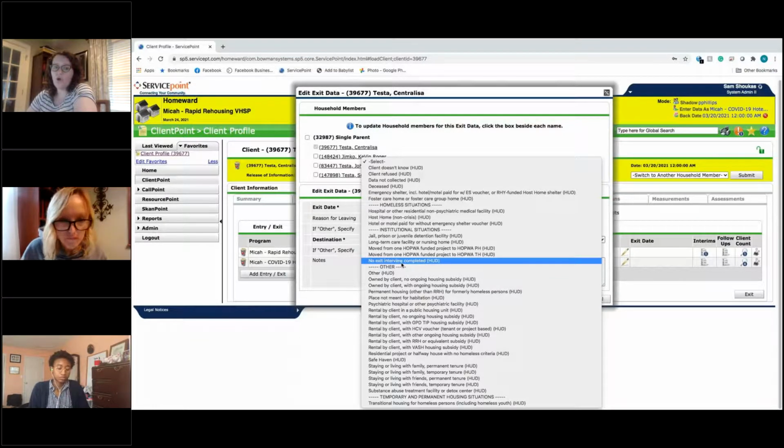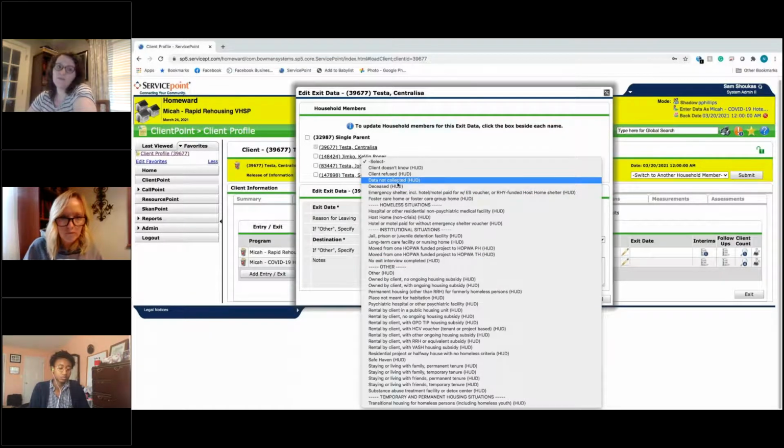And so no exit interview was completed. For data not collected means I completed the interview, I just never asked them where they were going. It should be very rare that you use this. You usually have the option of they don't know, they refused, or I wasn't able to ask them, but having an interview and never asking the question should be very rare.